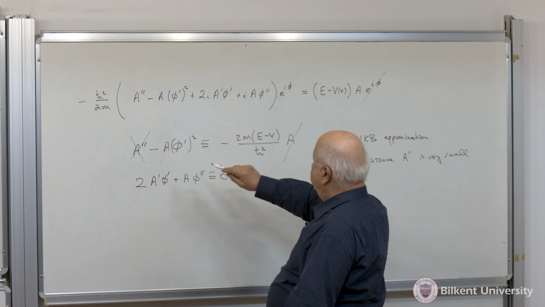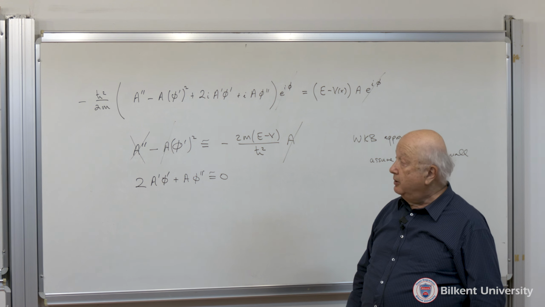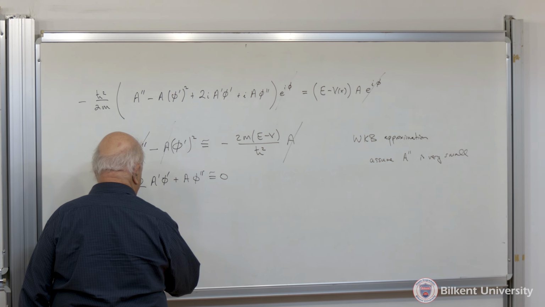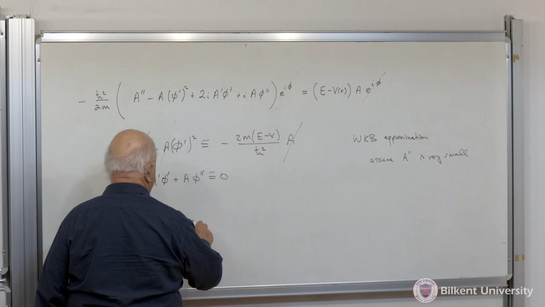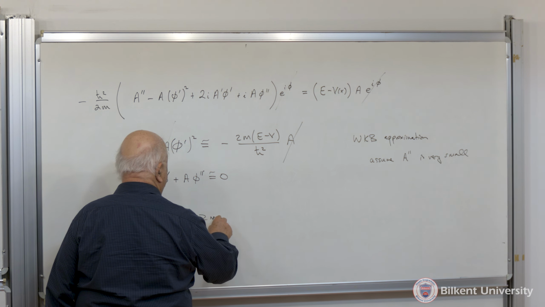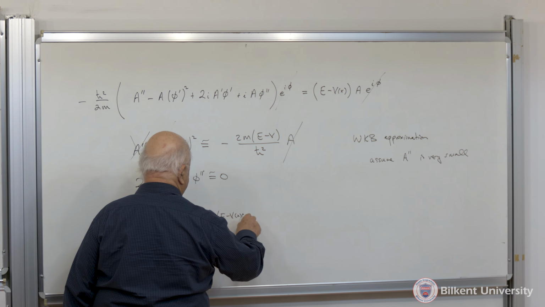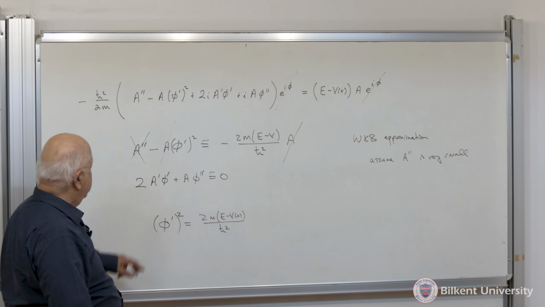This allows me to eliminate a from the problem, and I have just phi prime. So that says that my phi prime squared is equal to 2m times E minus V, where V, remember, is in general a function of x, over h bar squared. The minus signs go away.